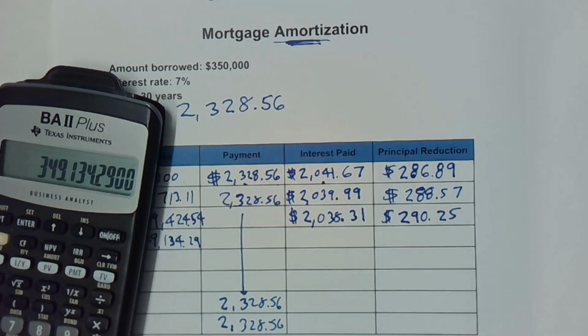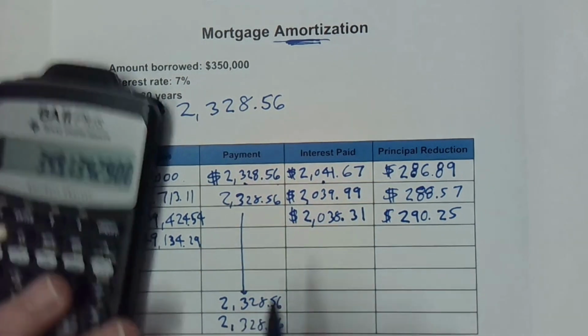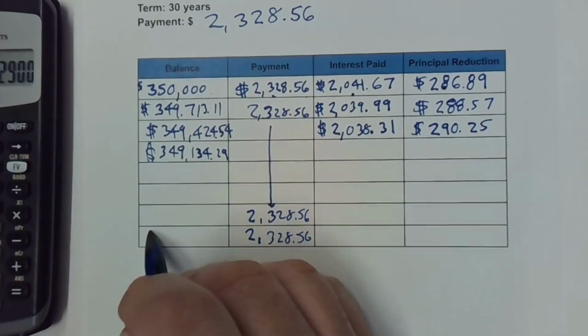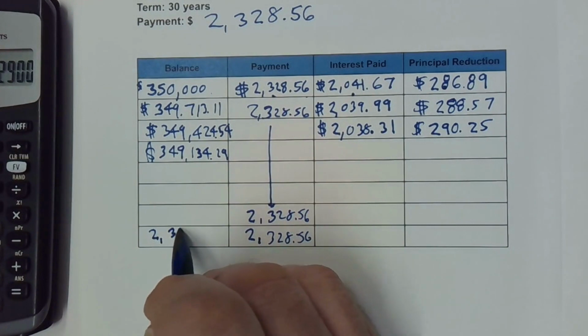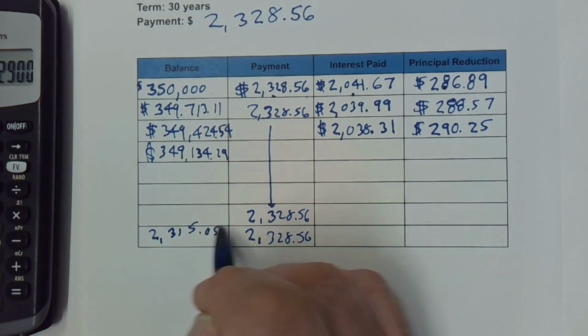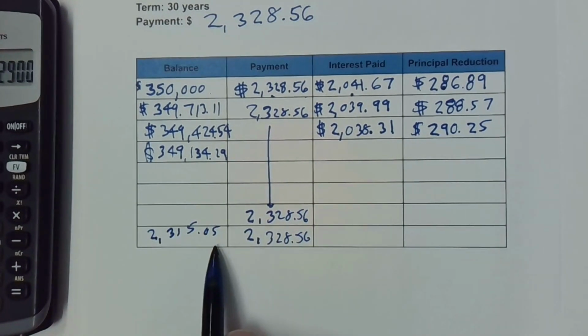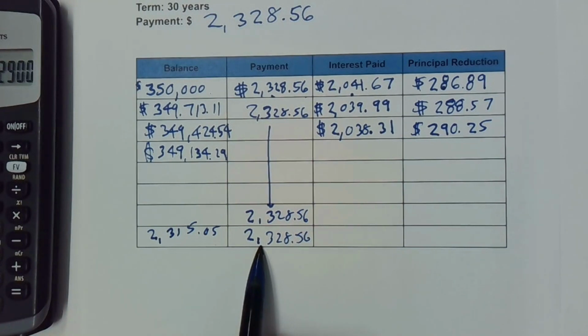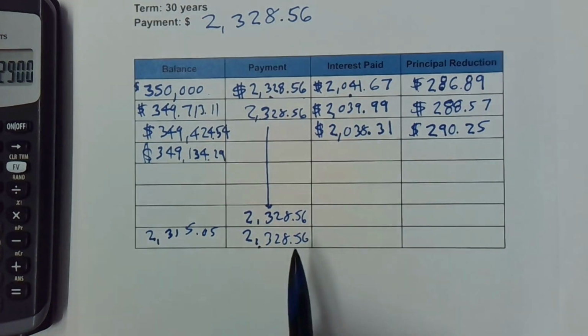a balance of $2,315.05. I did this with a mortgage table, and the payment remains the same, $2,328.56.